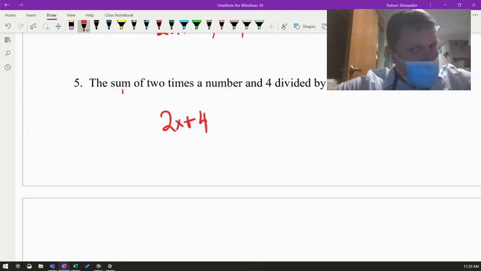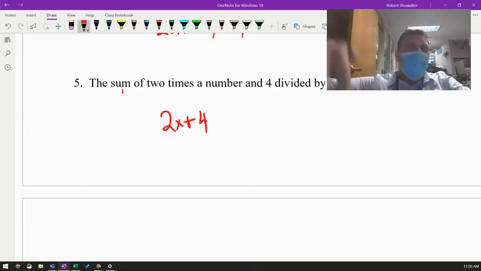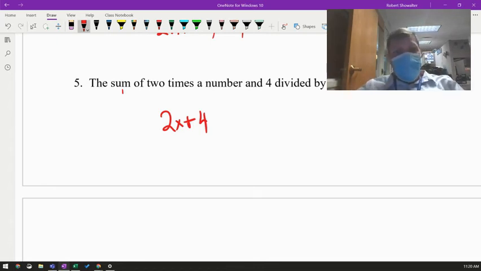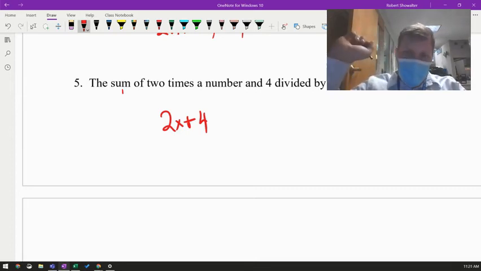Remember, we're breaking apart. I like to reread it over and over and over again to make sure that I understand what the statement is instead of just being like, oh my gosh, there's a bunch of words and I don't get it. So I take it apart slowly. Okay, divided by 3.